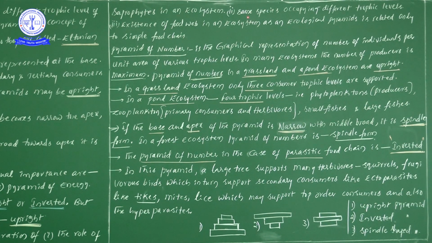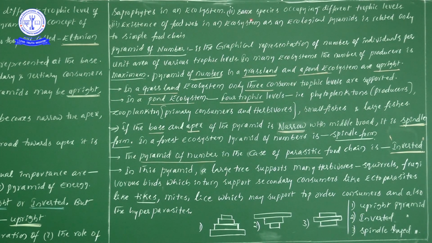Next, the same species occupying different trophic levels. Some species are present in different trophic levels. Suppose one food chain is going on, some species will be present in that food chain as well as in another food chain, so in both food chains we observe the presence of that species. That is the same species occupying different trophic levels, and at that time there is a problem.